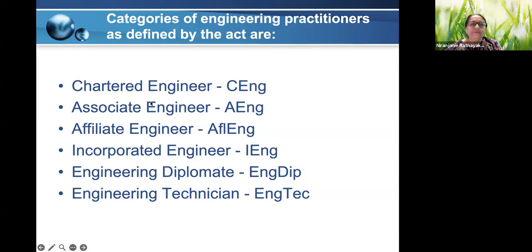The lists are supplied by the IESL from those who have the qualifications and are members as either affiliate member, associate member, or chartered engineer or corporate member. And those who pay, I think they charge 1,000 rupees or something for the registration. So the list goes from IESL, right?